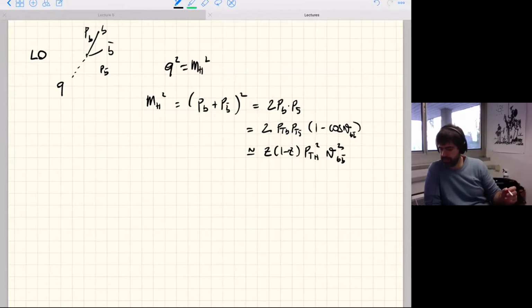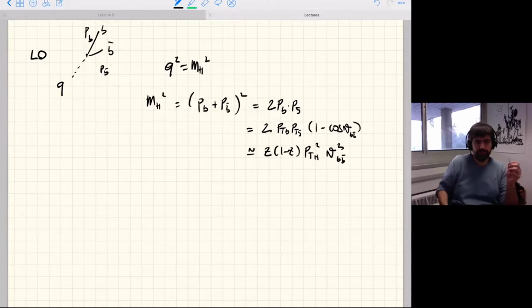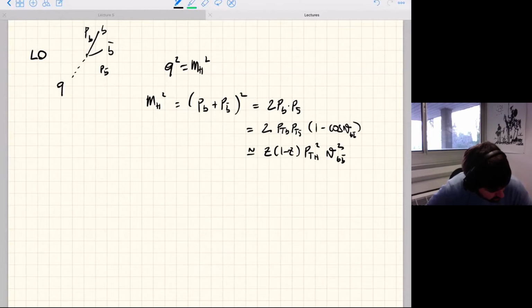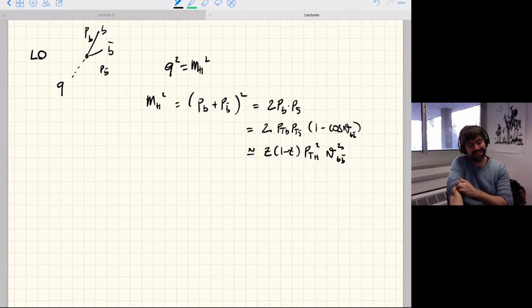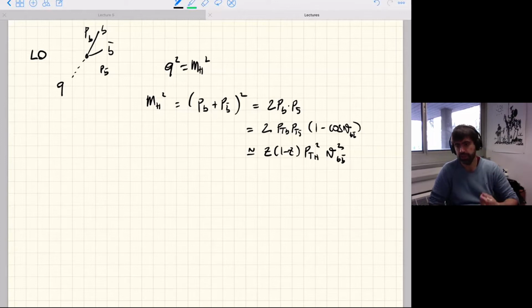Now, the Higgs decays into b b bar. So you can imagine writing down a splitting function also for this splitting. And one feature of a scalar decaying into b b bar, a scalar decaying into fermions, is that the splitting function is fairly trivial. It's essentially a constant, which you can normalize to 1. What that means is that the b and the b bar will share the energy almost equally, so that most likely z is equal to a half.